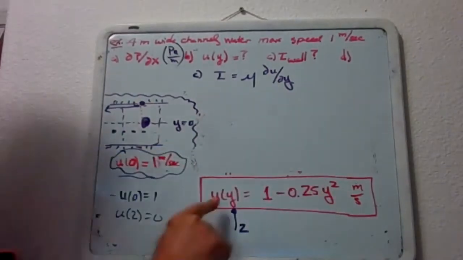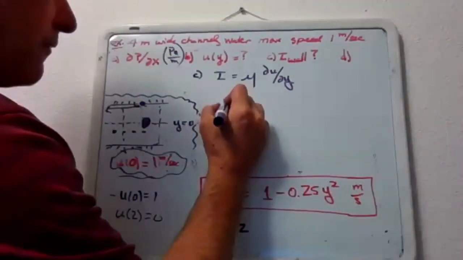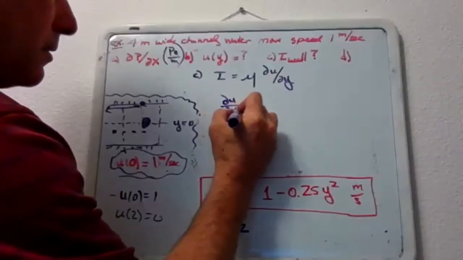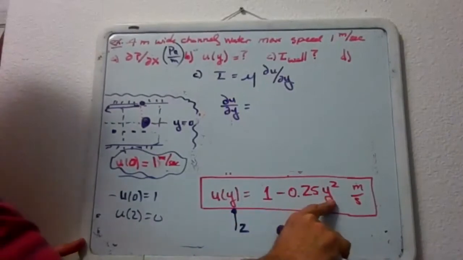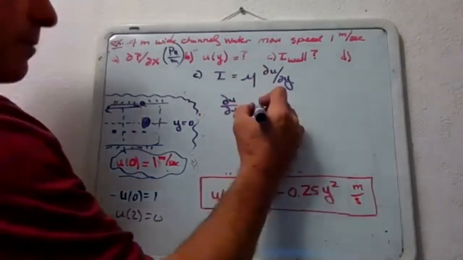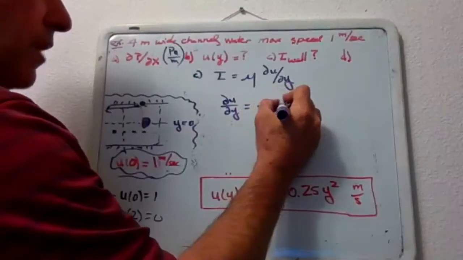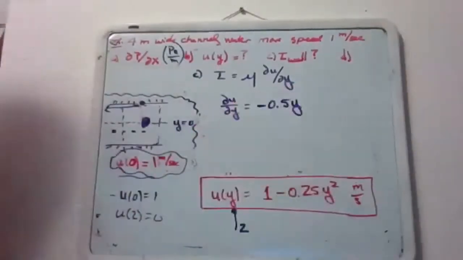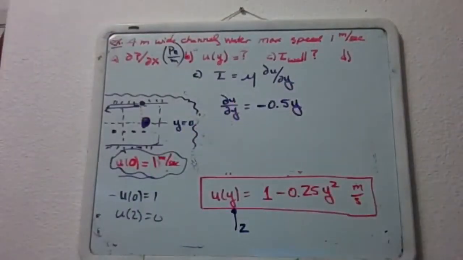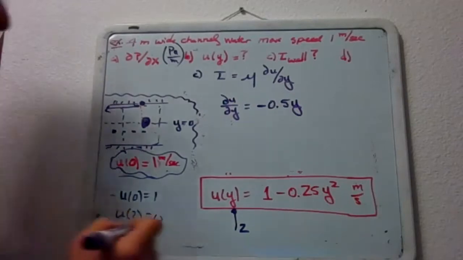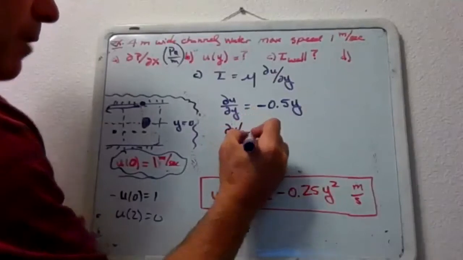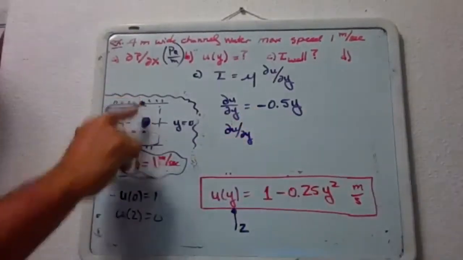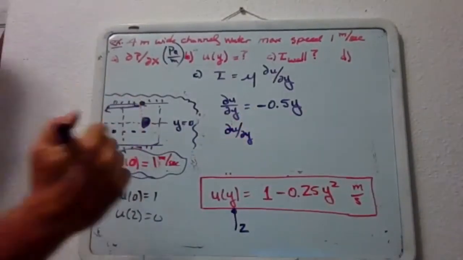Let's go ahead and figure out du dy first. The derivative of 1 is 0. The derivative of y squared is 2y. So if I got it right, I've got negative 0.5y. That's the general expression for du dy. We want to figure it out at the wall, and we could do it at y equals positive 2 or y equals negative 2, where the walls are.